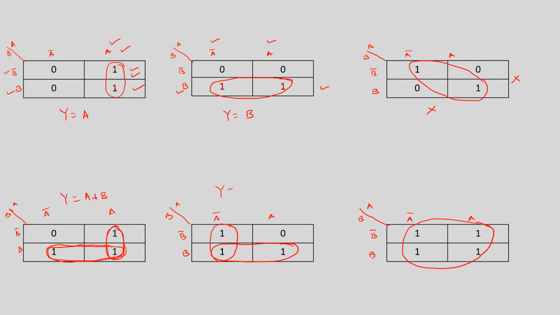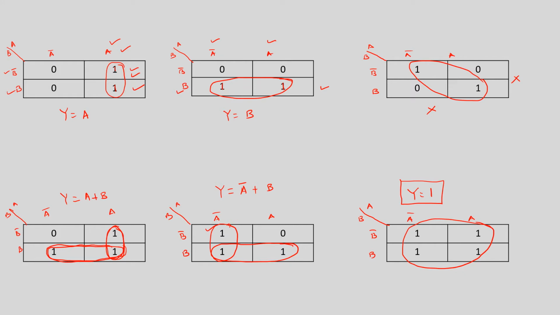Now it's very easy to write the answer. Answer is A bar for this pair. Answer is B for this pair. Now see this one. Here all the squares are filled with the 1. Then answer for this type of filling is 1. How is it 1?